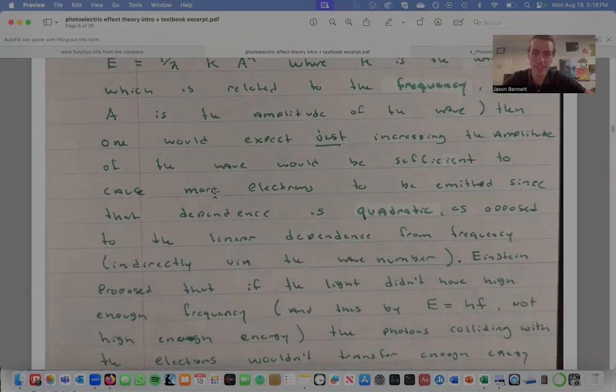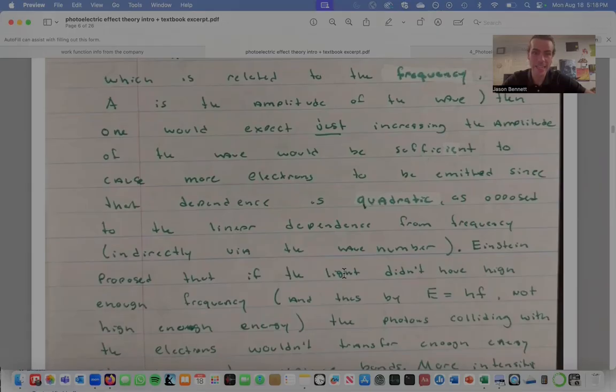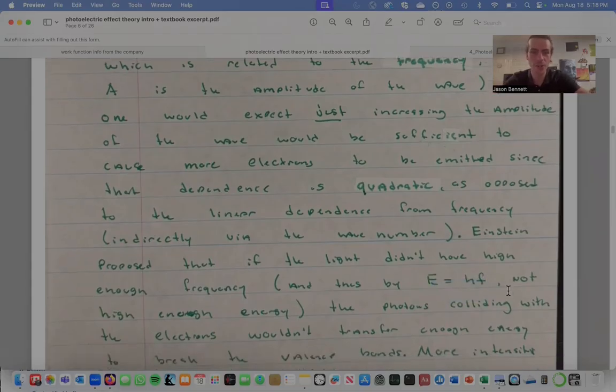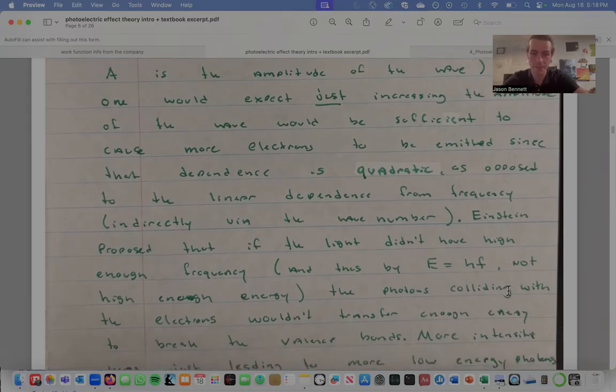Okay, so Einstein thought that if the light didn't have high enough frequency, and by his and Planck's inspiration, not enough energy, then the photons that are colliding with the electrons wouldn't transfer enough energy to them to break the valence bonds.